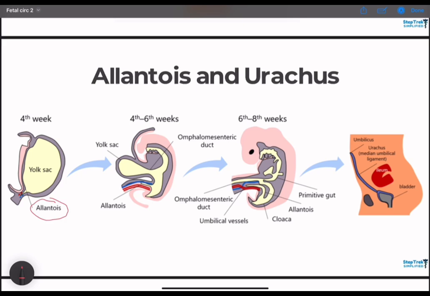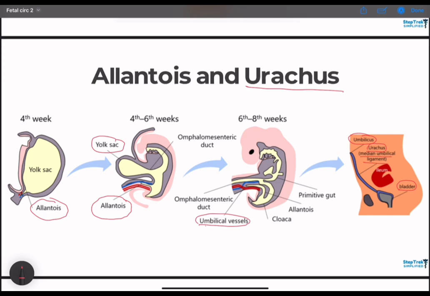Allantois is a fetal membrane that forms early in embryonic development. It is actually an outpouching of the yolk sac that is involved in early fluid exchange and blood vessels formation. And another structure known as urachus, it is actually a remnant of allantois which connects fetal bladder with an umbilicus, and it later on becomes median umbilical ligament.